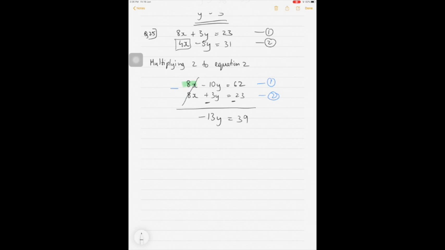Just do 62 minus 23. So y will be 39 upon 13. This one minus sign is there. So y is equal to 3. Sorry, minus 3. y is equal to minus 3.